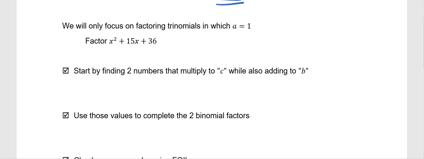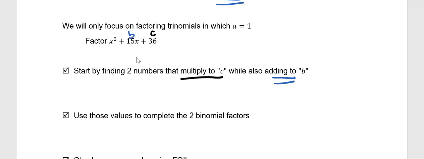We're going to be looking for two numbers that multiply to c, and thinking about standard form, we know that c is that value right there, while adding to b, and I know b is the middle value right there. So we're going to be thinking about two numbers that multiply, in this case, to 36, while adding to 15.